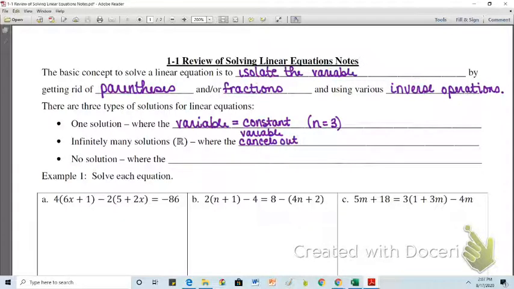And when that happens, you're left with a true statement, such as 5 equals 5.